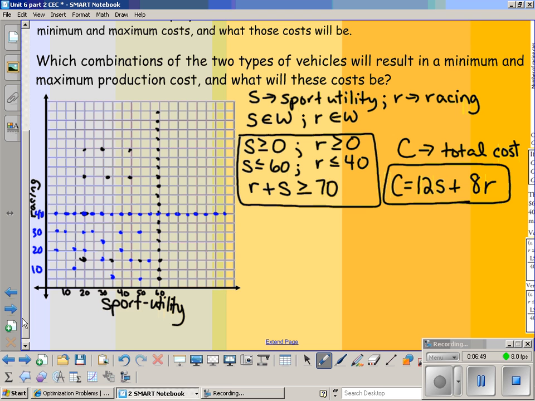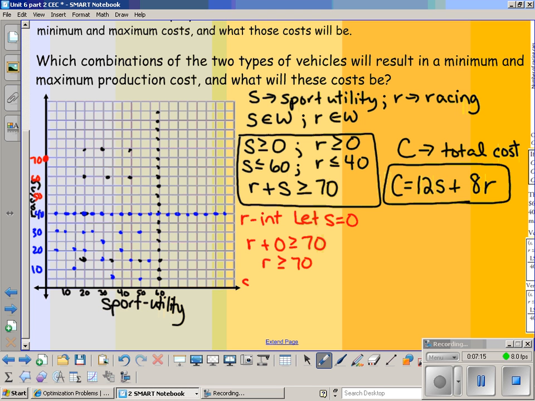So if I want to find the R intercept, I'm going to let S equal 0. So I'm going to have R plus 0 greater than or equal to 70, so R is greater than or equal to 70. My intercept is at 70 on the R. So 50, 60, 70. Here is my point for the R.